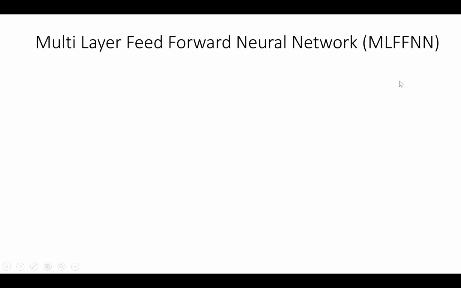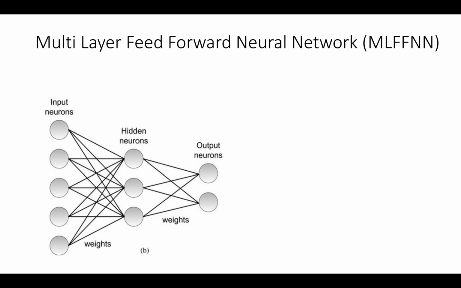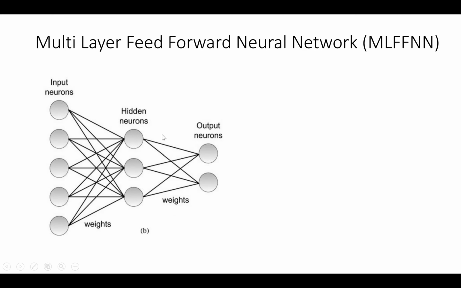The next model is the multi-layer feed-forward neural network. As the name says, this has multiple layers, more than one layer. In this neural network, there will be a hidden layer. In the same way as the single layer neural network, it takes the input, then sends it to the hidden layer where the weights are assigned.